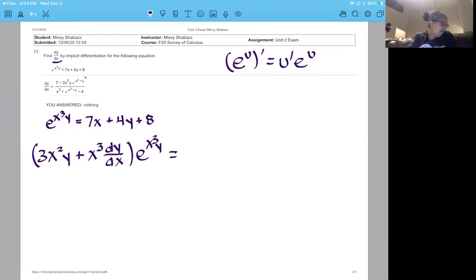The derivative of 7x is 7. The derivative of 4y is 4 dy/dx.